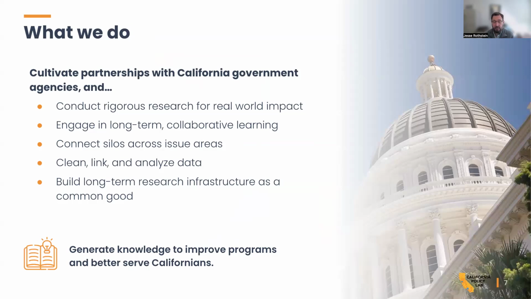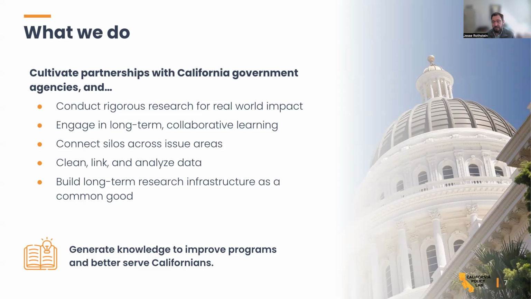A lot of our work, we often find our sweet spot is when there are topics that span areas where there's one agency that runs a program and is interested in impacts, but the impacts don't show up in that program, they show up in other programs. And so we often are connecting silos across different issue areas, linking data from a program to the other data set that might have the impacts.